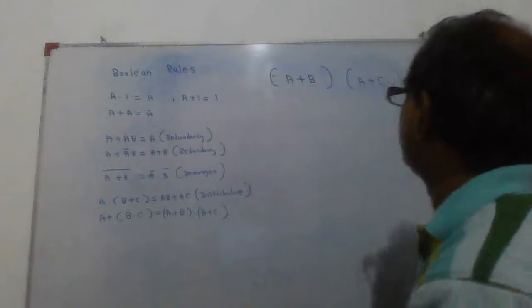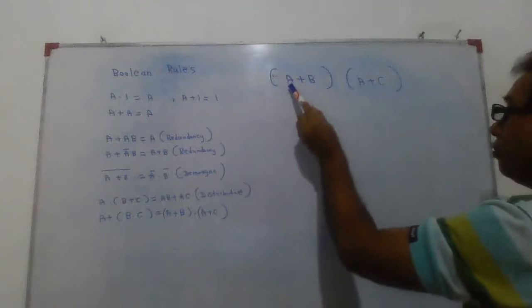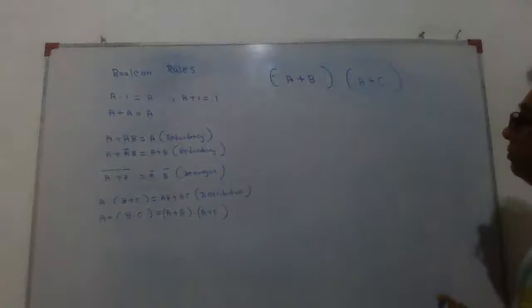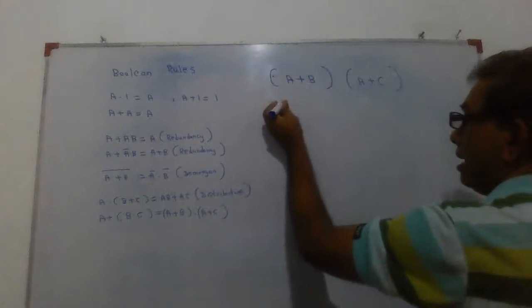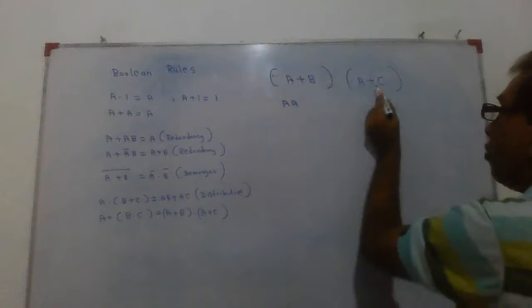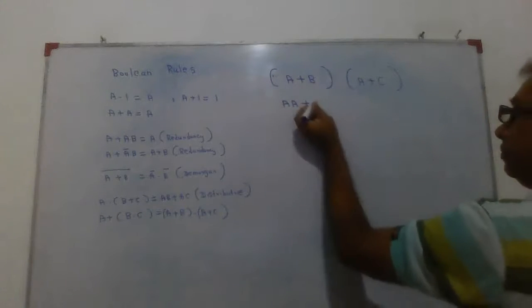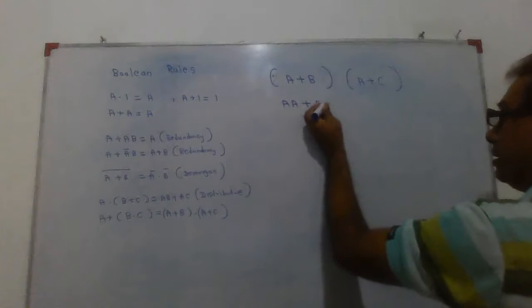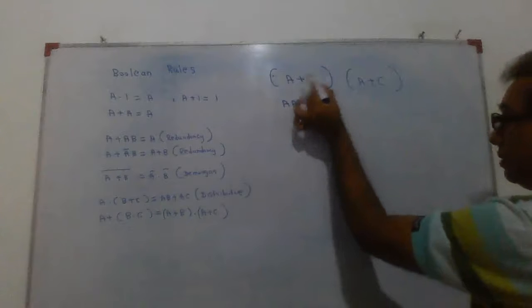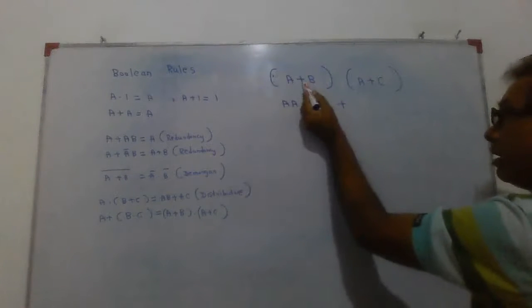So take the first Boolean variable A, and we multiply from A here: A and A, or A and C. Then we have the or operator here, because we moved to the second part.